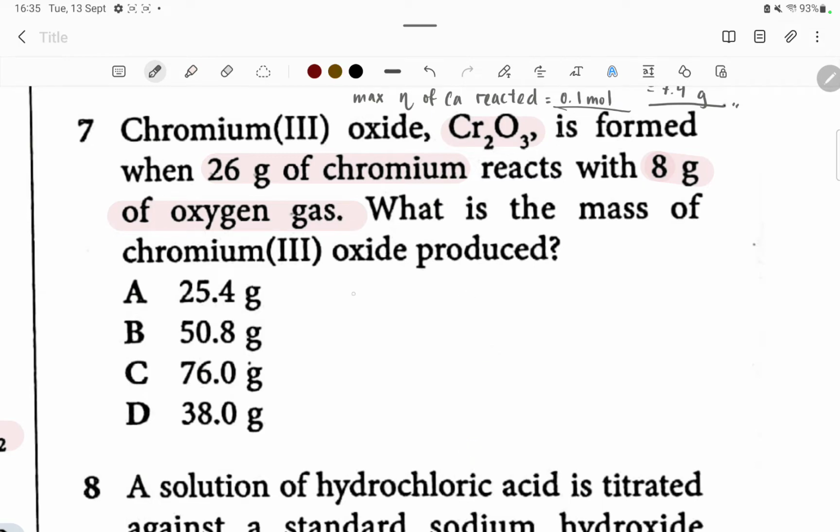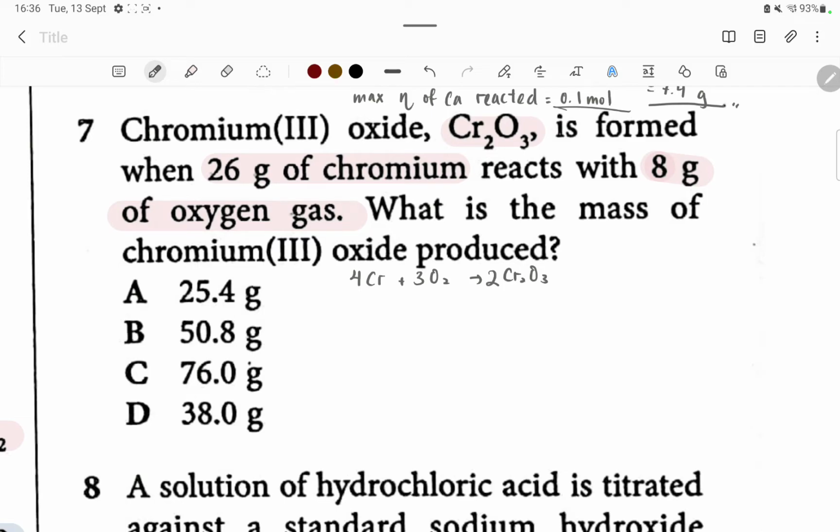So this one, write down the formula first. Cr plus O2 and then Cr2O3. So this one O3, here O2, so you cross multiply. This one 3, this one 2, and then 2 times 2, 4 Cr. Here only got 1, so you multiply by 4, and then this equation is balanced already.